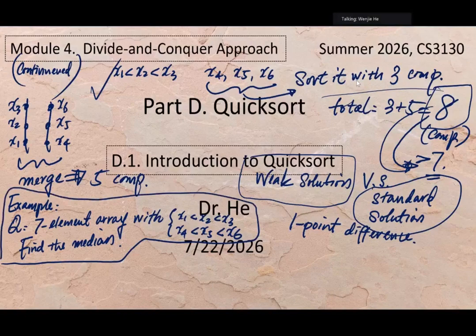Here I give you 2 solutions. The first one, weak solution. Second one, standard solution. So you get an idea of the difference. The weak solution is usually not too hard. We just use some not fancy, common techniques.